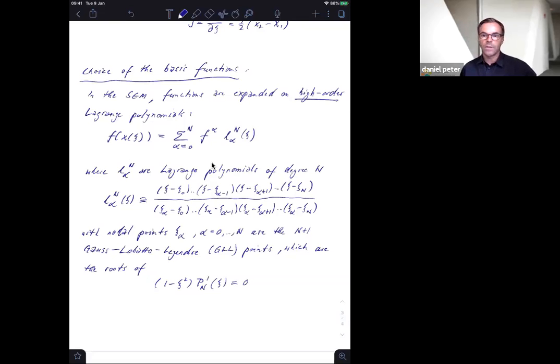That's the characteristic equation. This equation will have roots, and the roots are these GLL point positions. That's how you find these positions. So Pn here is the degree n Legendre polynomial.